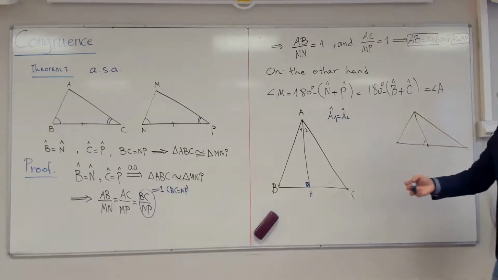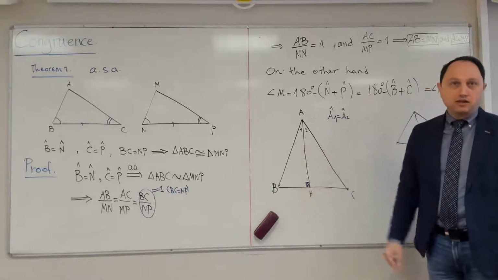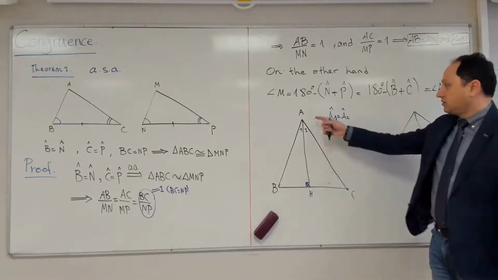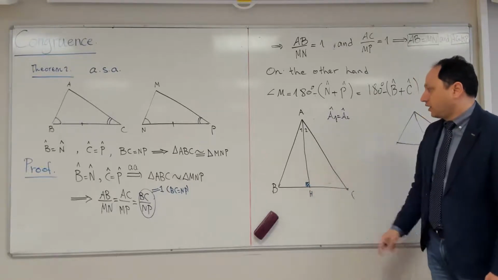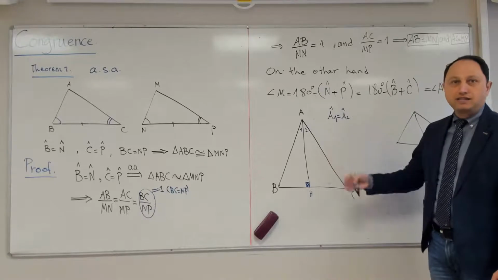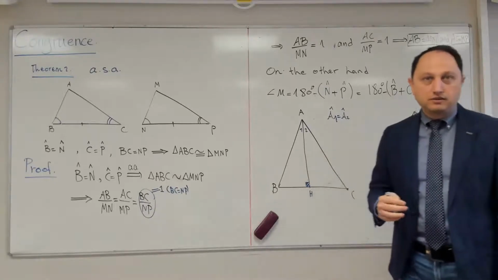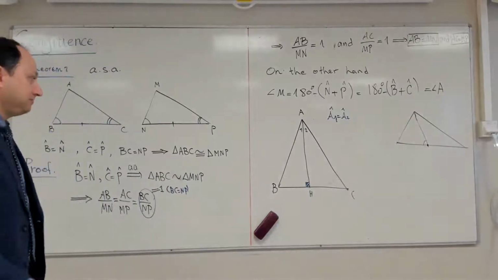But I am telling you that coincidentally, this angle is 90. I want you to show me that this triangle is actually isosceles. So this is important. Do you understand what's going on?